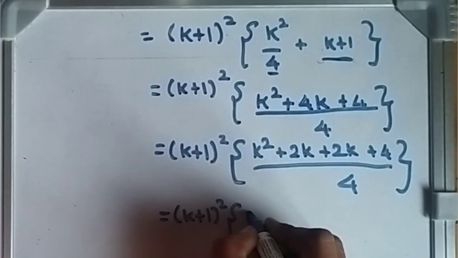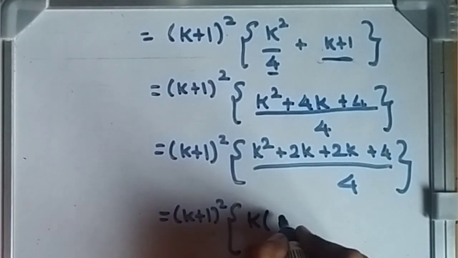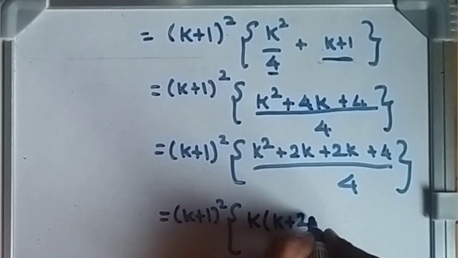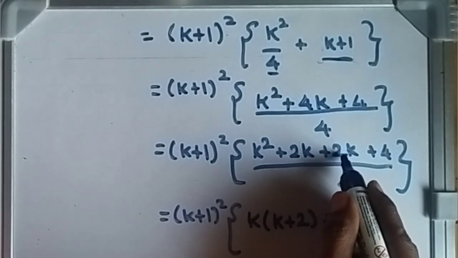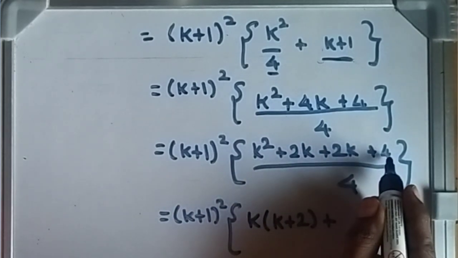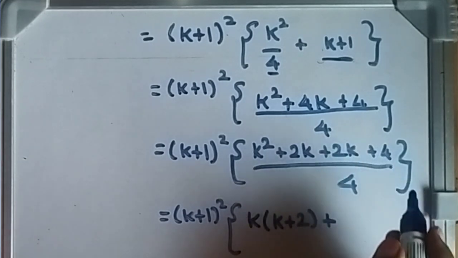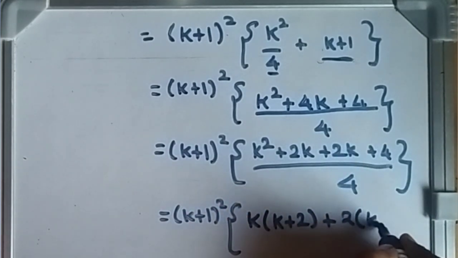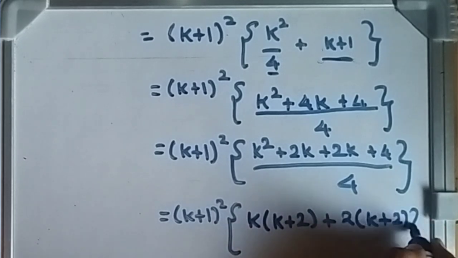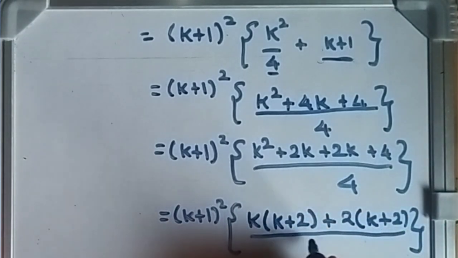So it will become k plus 2, plus, in this term it is 2k, in this term it is 4. Both terms have 2, so I am going to take 2 as common. So 2 multiplied by k plus 2, divided by 4.